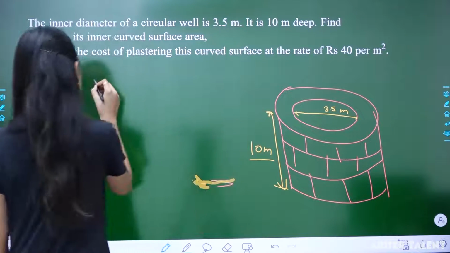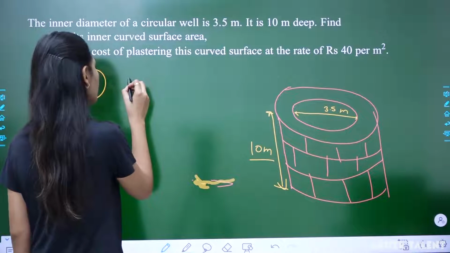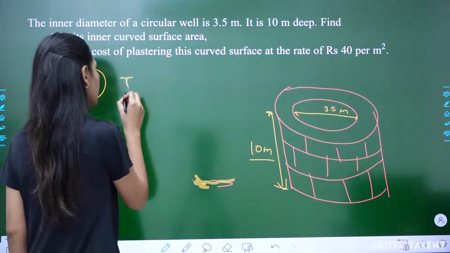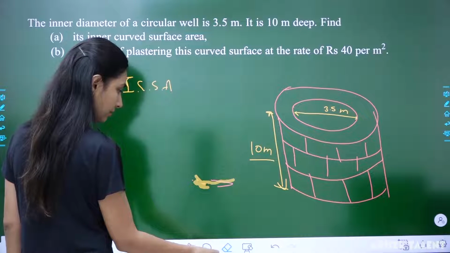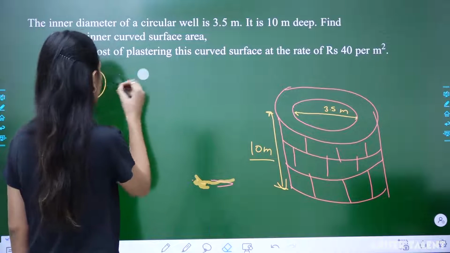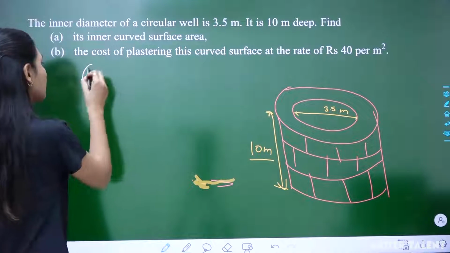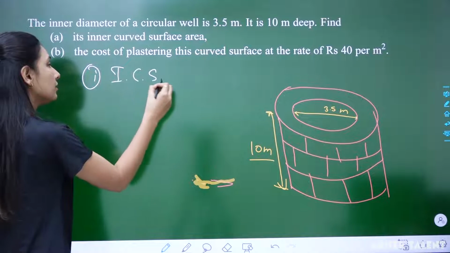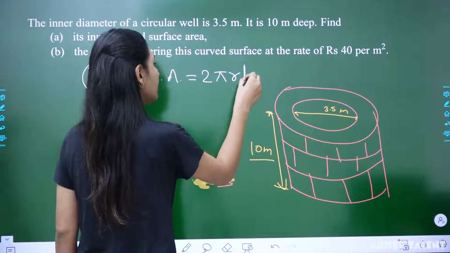If the inner curved surface area has been asked, then the inner curved surface area will be equal to 2 pi r h.